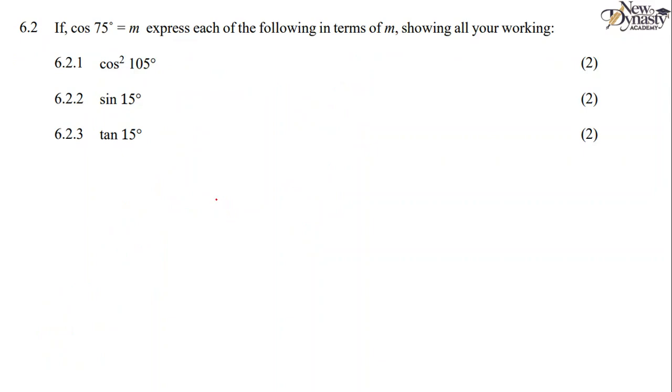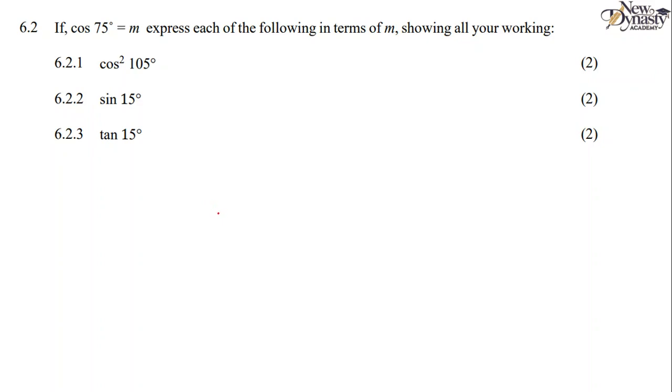Then the next question says, if cos 75 equals m, express each of the following in terms of m, showing all your working. So it means you don't only write the answers, but you must show all your workings.